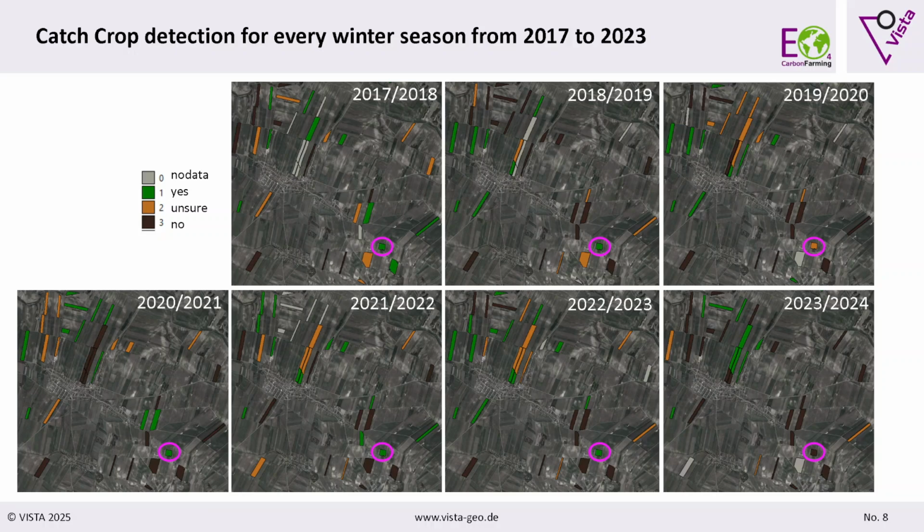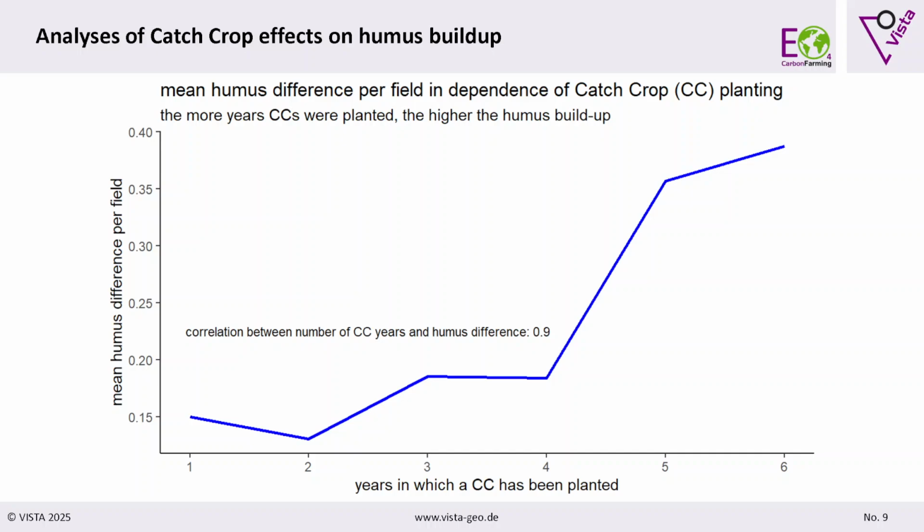We then counted all of the field years where we have been sure that there has been a catch crop and correlated this against the mean SOC difference on the field, and the result is a very clear correlation of 0.9. So we can say quite clearly that the more years catch crops have been planted on the fields, the higher the buildup of soil organic carbon content on the field is.